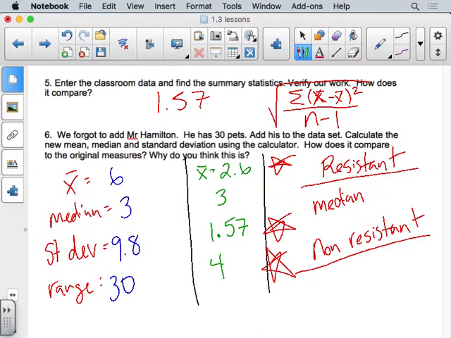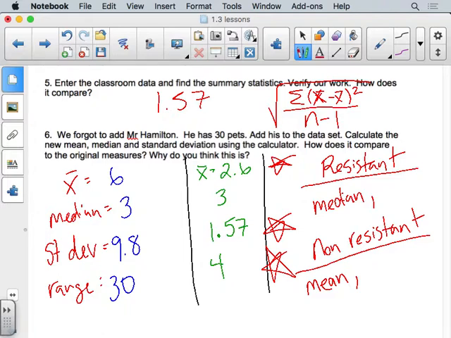When I have an outlier, the median doesn't really get pulled to the outlier. The mean, on the other hand, does. So we looked at that already with the graphs, but this is kind of statistically showing you with some numbers.